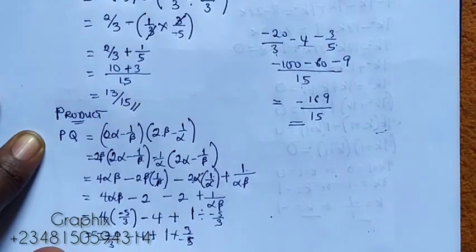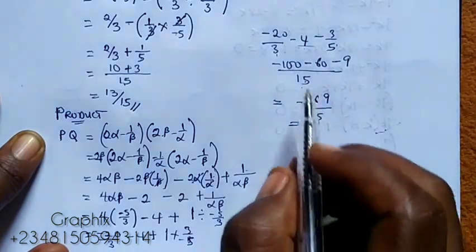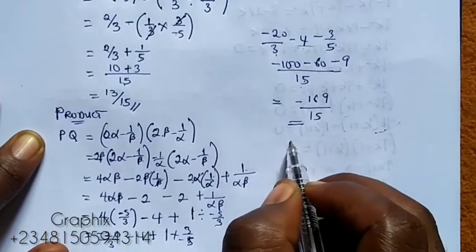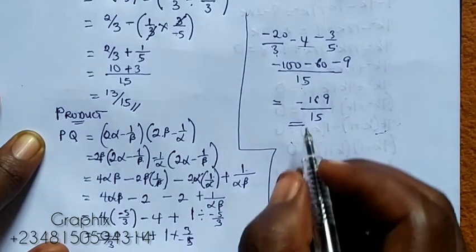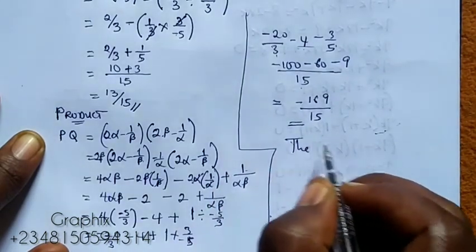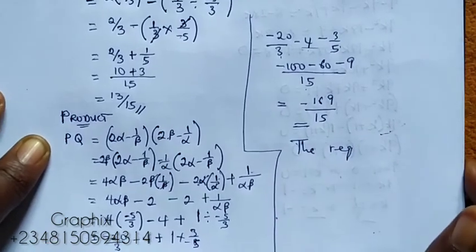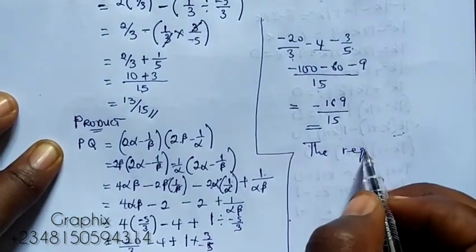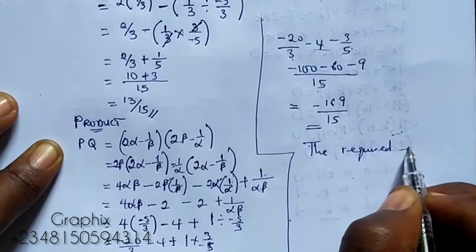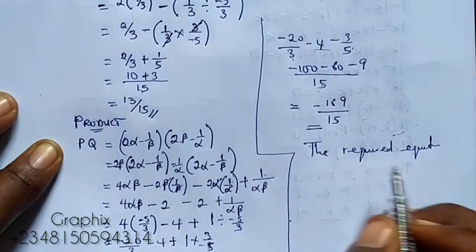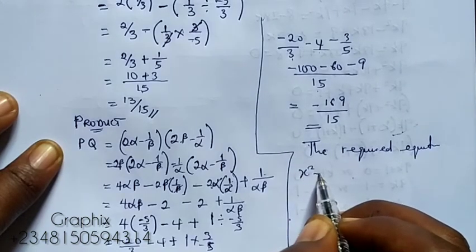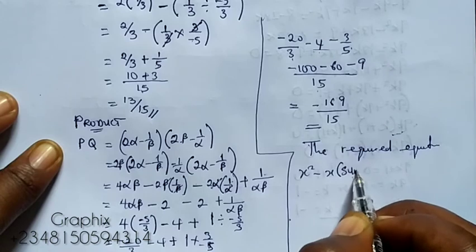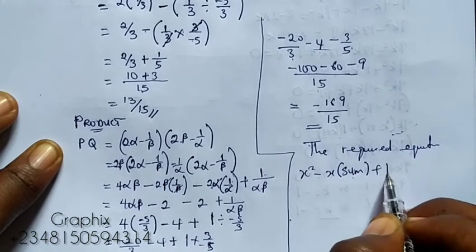So we should know that the required equation will give us x squared minus x of the sum plus the product.